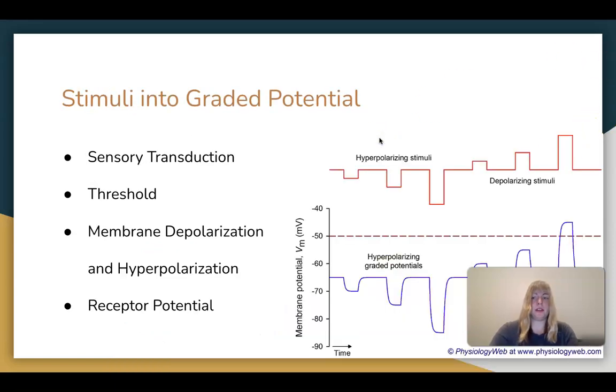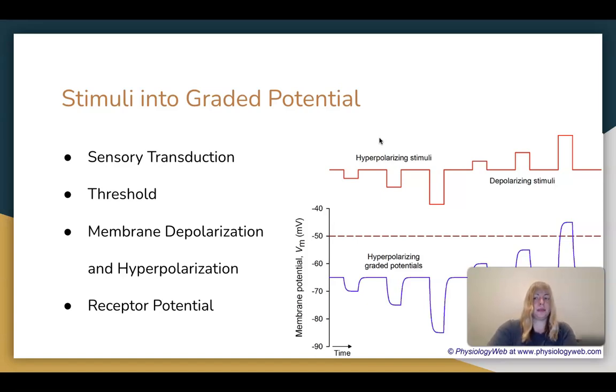So after the stimulus is distinguished, sensory transduction converts the stimulus into graded potentials. Sensory transduction is defined as the conversion of a stimulus to a change in membrane potential, which can be processed by the nervous system. Molecules localized to the sensory receptor ending are able to generate a receptor potential when an adequate stimulus is applied.